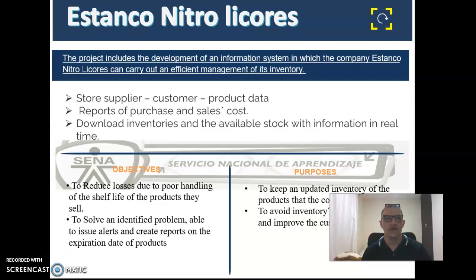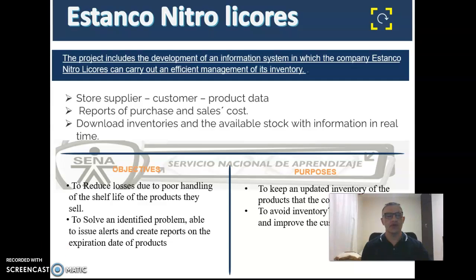With this software, we aim to solve two problems identified with the inventory. The necessity to have an information system capable of issuing alerts and creating reports on the expiration date of products.